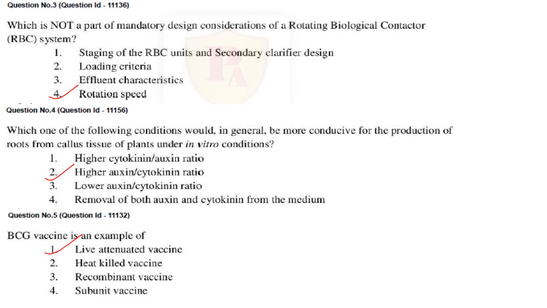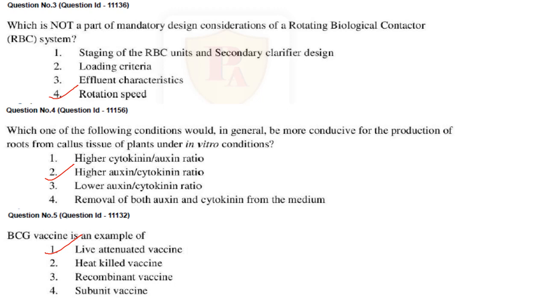Then next one, which is not a part of mandatory design consideration of a rotating biological contactor system. So a rotating biological contactor is used in the secondary treatment of wastewater.